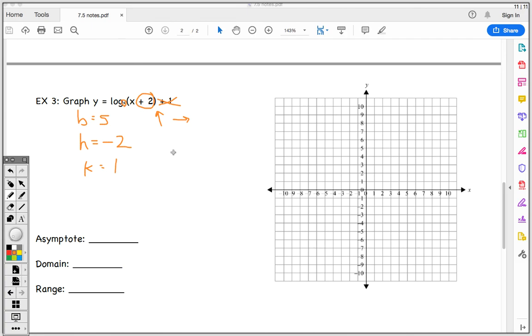That means our asymptote is located at x is equal to -2. So we can draw our vertical line. It's going to go up and to the right. That means our domain is everything greater than -2. And our range is all real numbers.